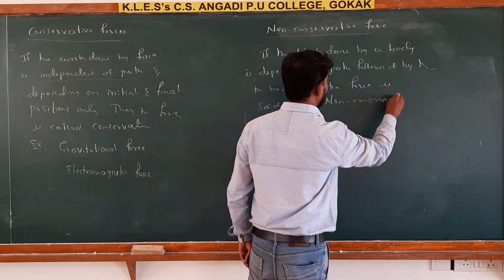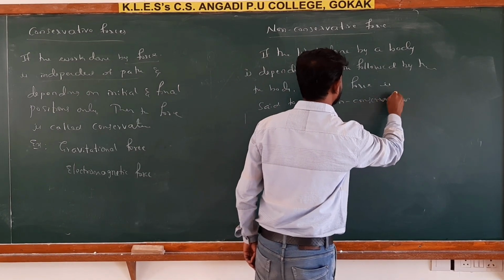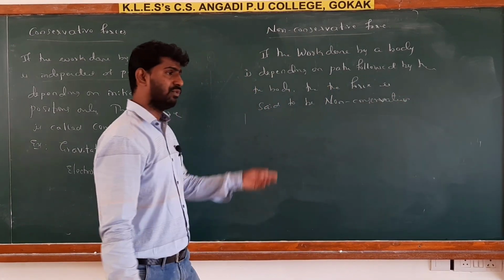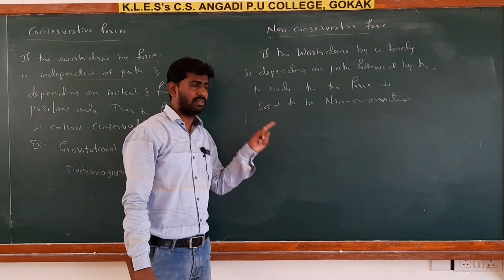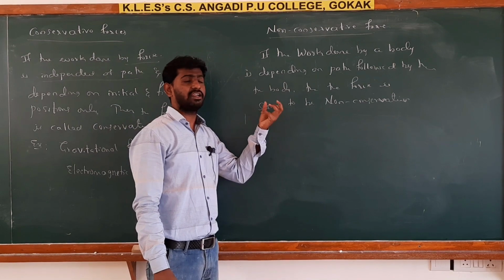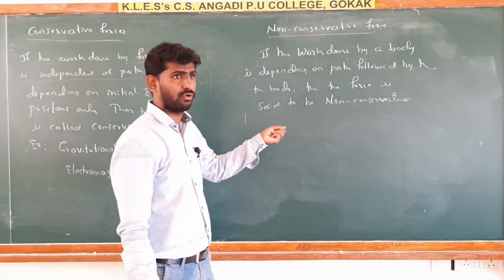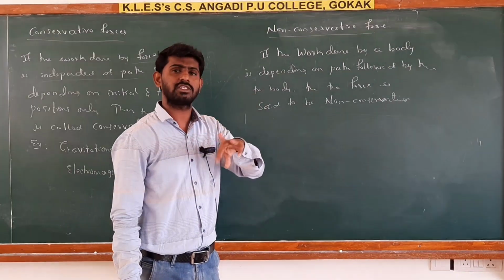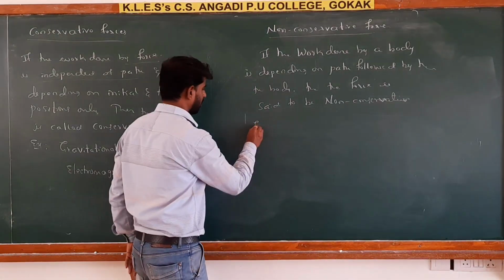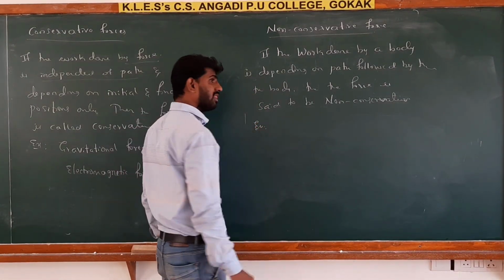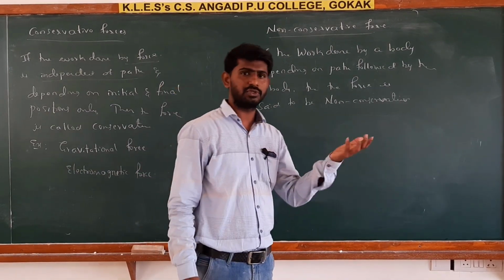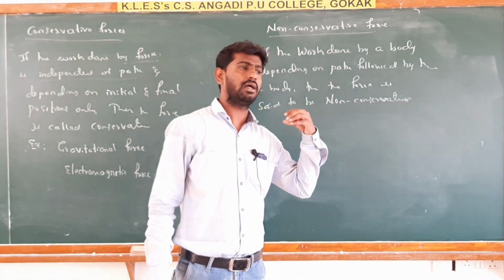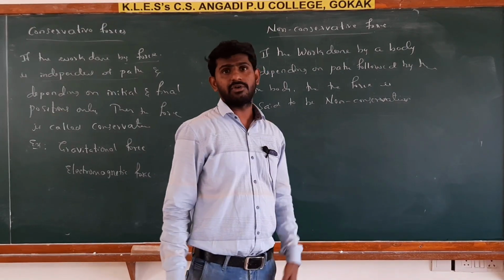And we know if there is a work done, there must be some force. If that work done is depending on the path followed, then the reason causing such path-dependent work done is called the non-conservative force. For example, all the opposing forces are called non-conservative force.